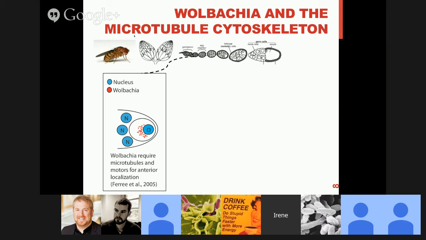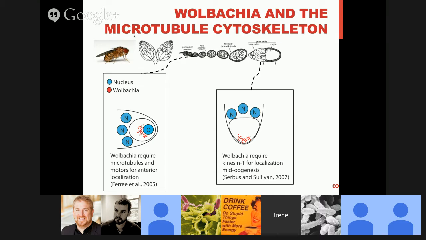And you may have noticed that from the images that I showed you in that first slide. And as it turns out, microtubules and motors are required for this anterior localization. Later on, during oogenesis, Wolbachia requires kinesin 1 for another characteristic localization, which is localization to the pole in these later stages of development.